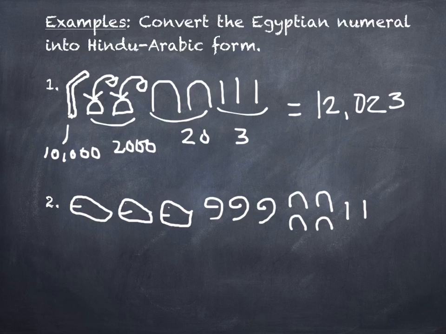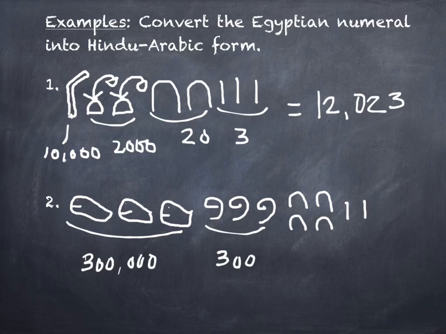Okay, let's do the same thing with number 2. So what do we have right here? 3 fish. 300,000, you got it. I've got 3 scrolls. That is 300. 4 heel bones, 40. And then 2 strokes is 2.